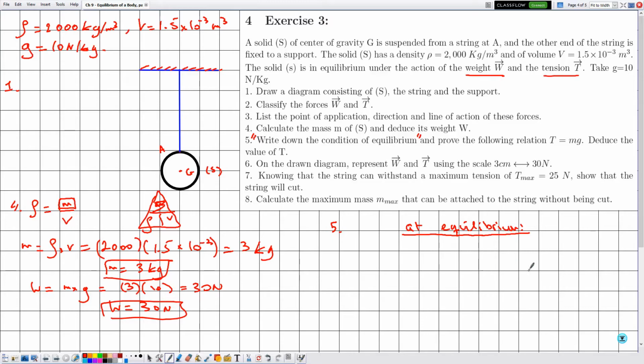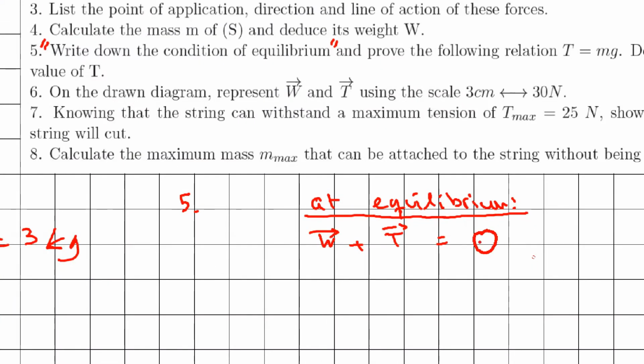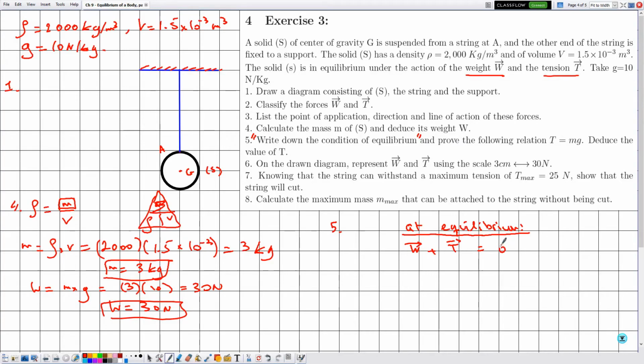And on the left, so here we have equal. On the left, we will always write the sum of forces acting on the solid S, and in this case they are given by the weight and the tension. And on the other side of this equation, we will write the zero vector corresponding to the condition of equilibrium.